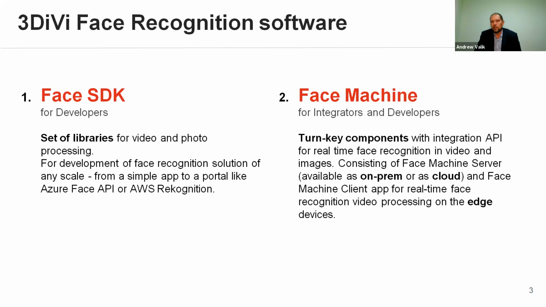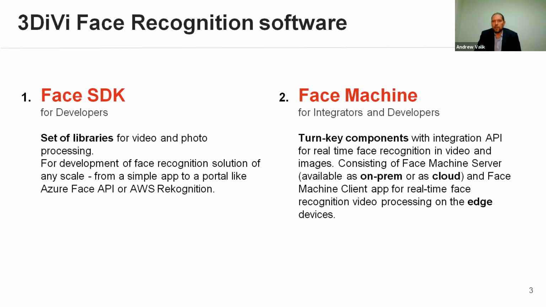We provide the Face Machine server in our cloud, or you can use it on-prem, and the Face Machine client application is used for real-time face recognition from video streams on edge devices.